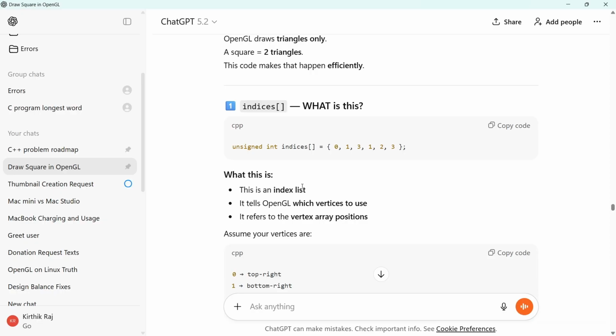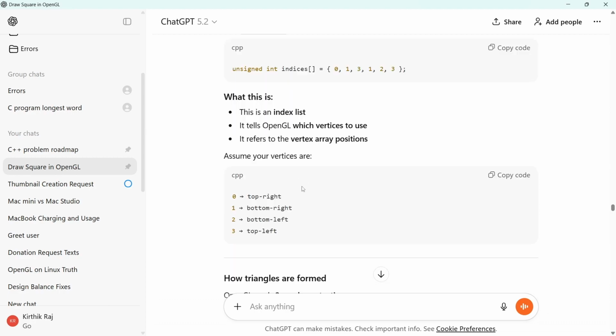It tells OpenGL which vectors to use. It refers to the vertex array. Okay, wait a minute. Oh yeah, now I got it.